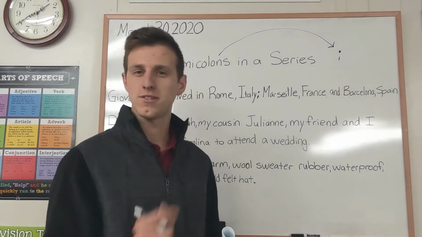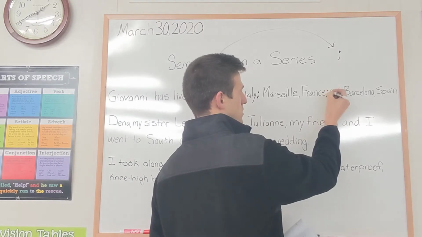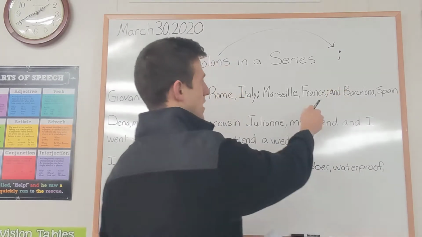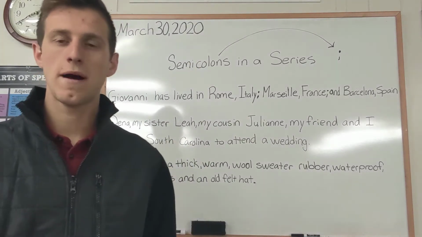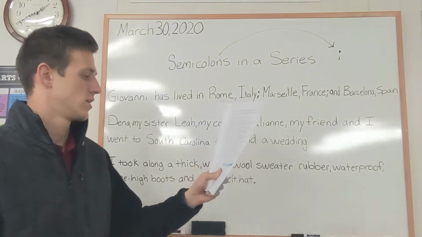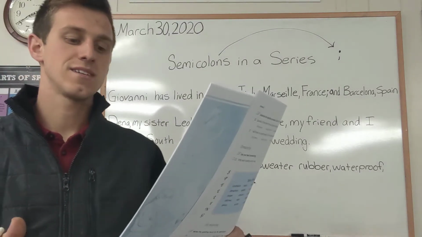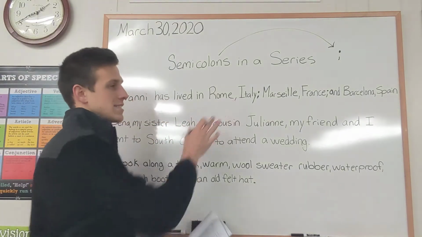So for your first rule about semicolons within a series, we use them to separate cities and states or countries, in sentences that already contain commas.